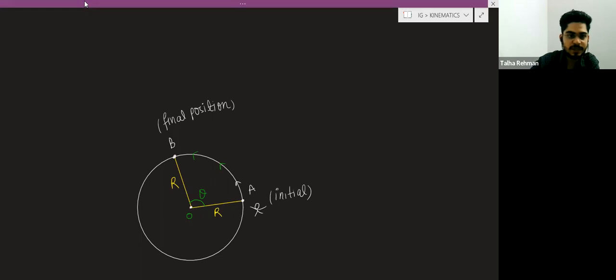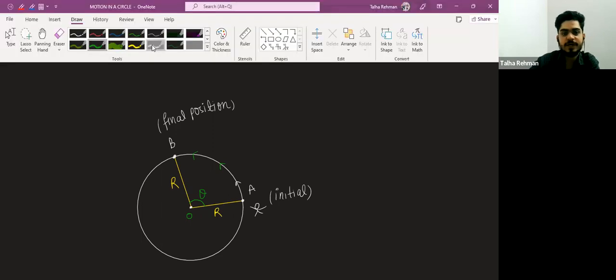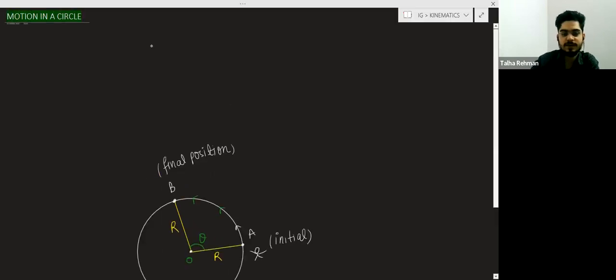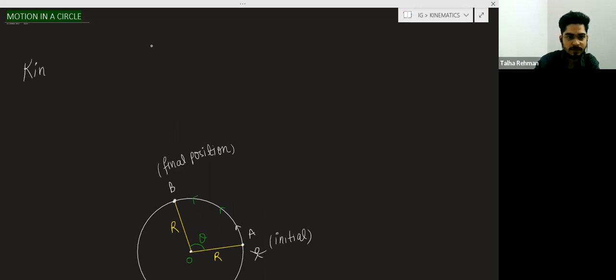Now basically what we are discussing in circular motion is the kinematics. Kinematics of circular motion. What is the meaning of kinematics?